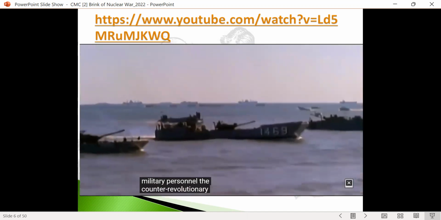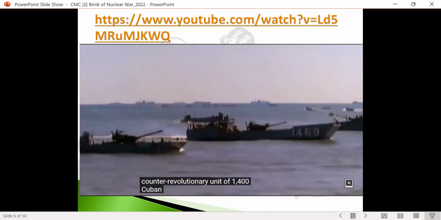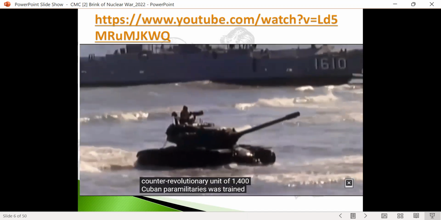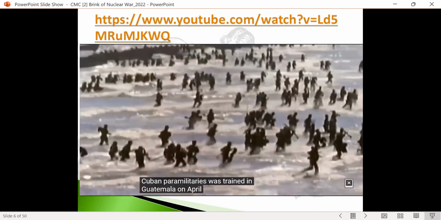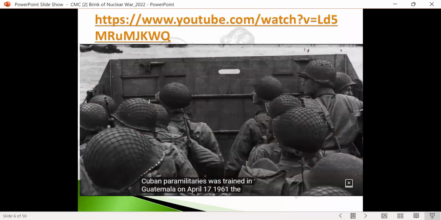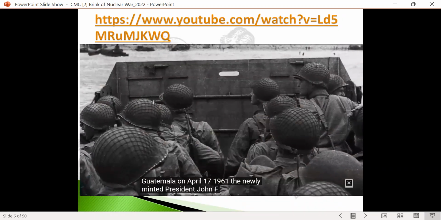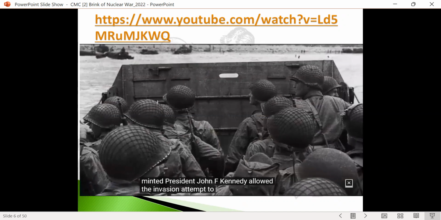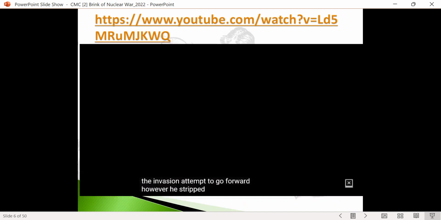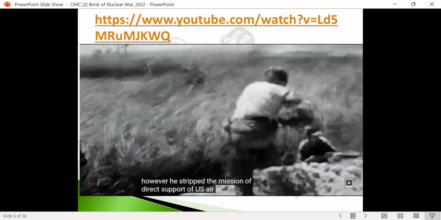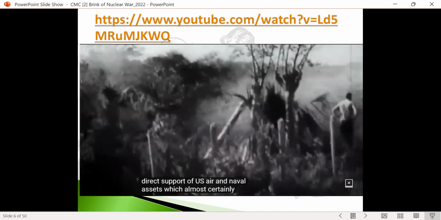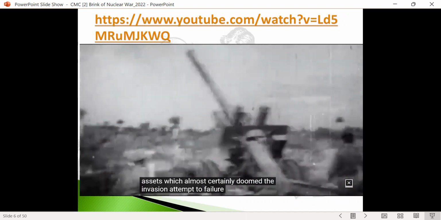The counter-revolutionary unit of 1,400 Cuban paramilitaries was trained in Guatemala. On April 17, 1961, the newly minted President John F. Kennedy allowed the invasion attempt to go forward. However, he stripped the mission of direct support of U.S. air and naval assets, which almost certainly doomed the invasion attempt to failure.